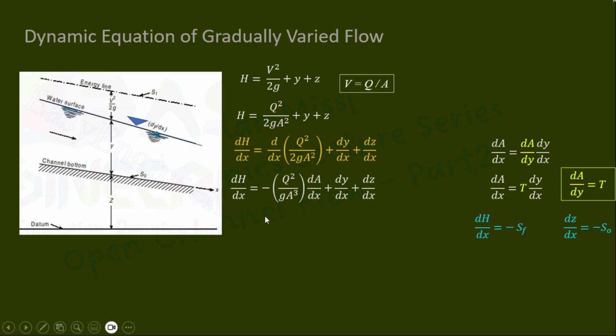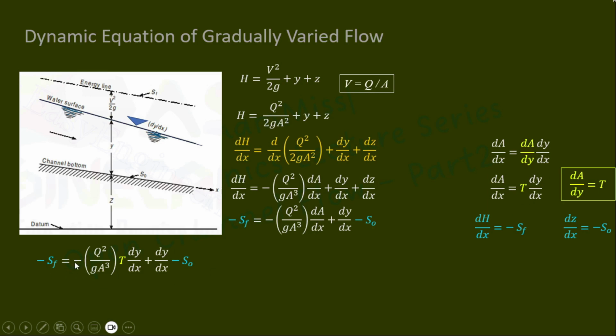After substituting, the expression will be −SF = −(Q²/gA³) dA/dx + dy/dx − S0. dA/dx is now replaced by T × dy/dx, so the expression turns into −SF = −(Q²T/gA³) dy/dx + dy/dx − S0.